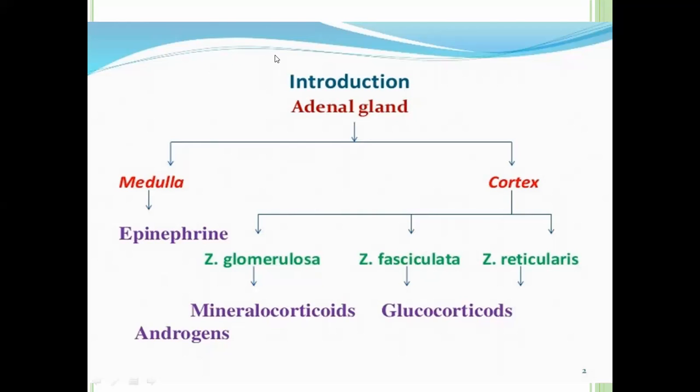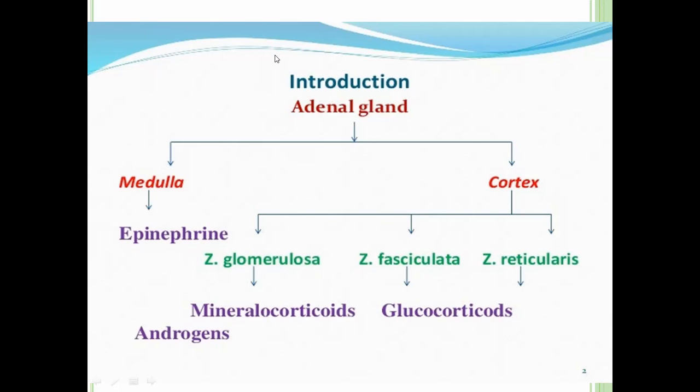The inner zone of the adrenal cortex is known as zona reticularis. And the last one, the outer zone of the adrenal cortex, is known as zona glomerulosa.